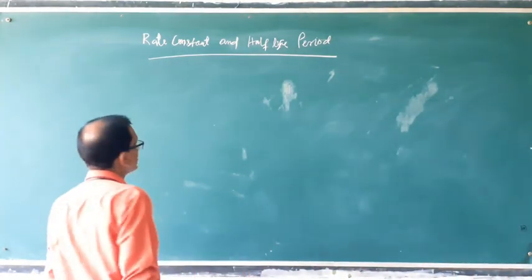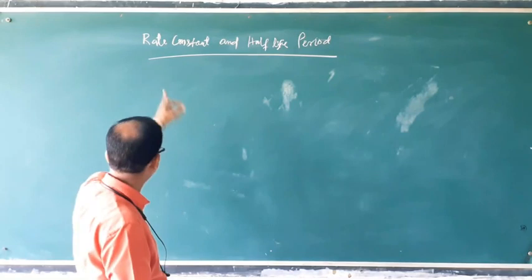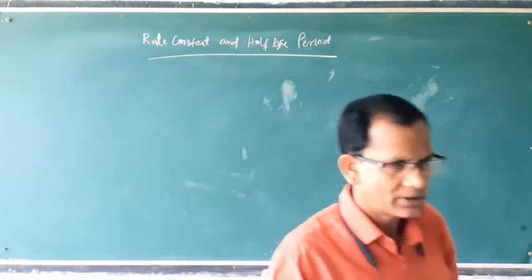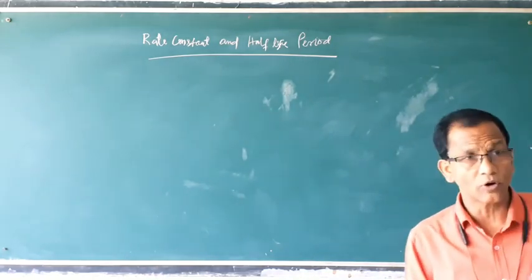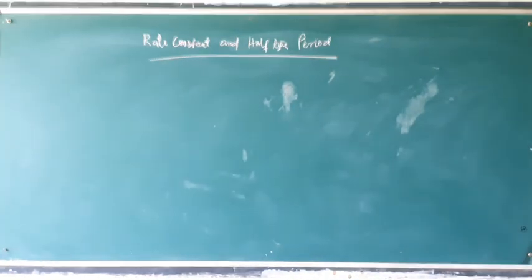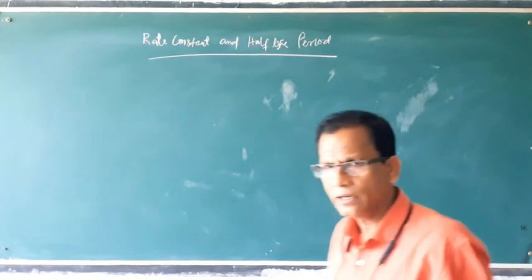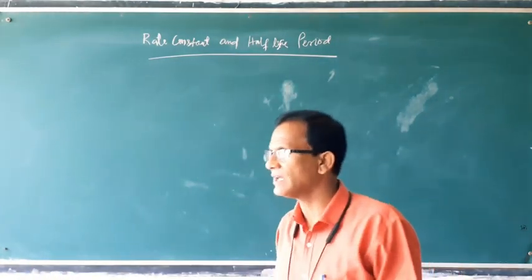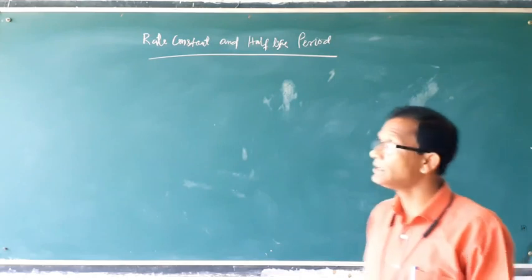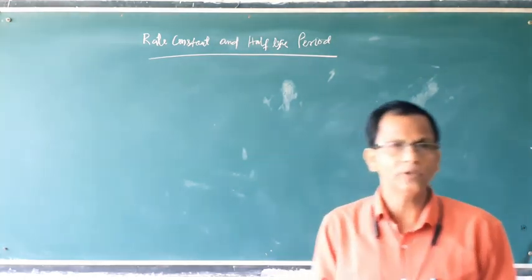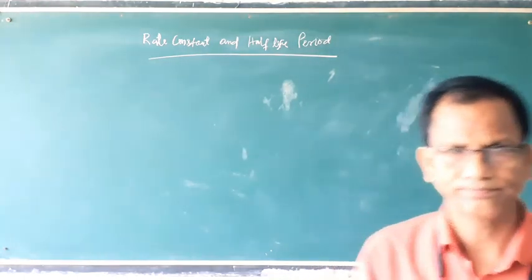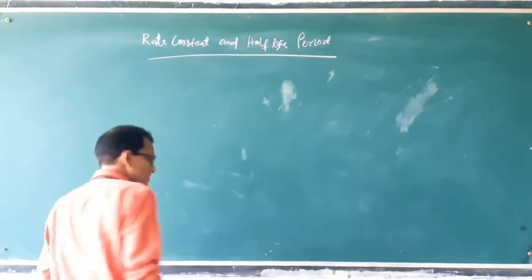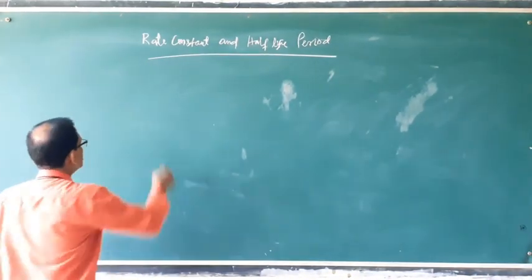But the expression of rate constant depends upon the nature of reaction, that means it depends upon the order of reaction. Expression of k depends upon the order. Already we have discussed in the last lesson that the unit of k depends upon the order. So let us start with zero order.